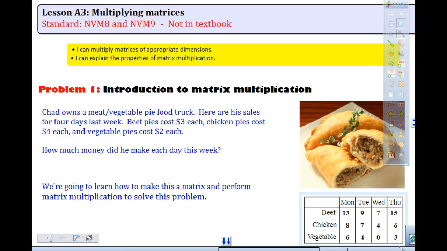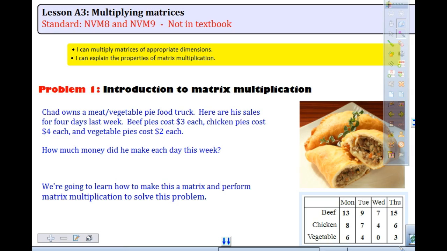So please turn to your notes at the beginning. We're looking at A3. We are multiplying matrices. Okay? So, Sanjay, would you please read for us?